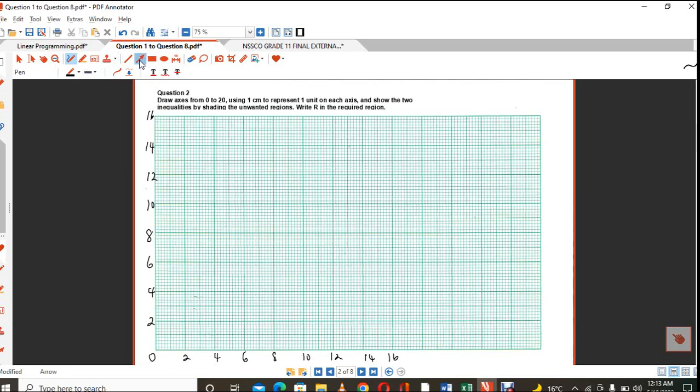So that is going to be the y-axis, the x-axis, and this one here will be the y-axis. As I said, this here is the y and that one is the x.